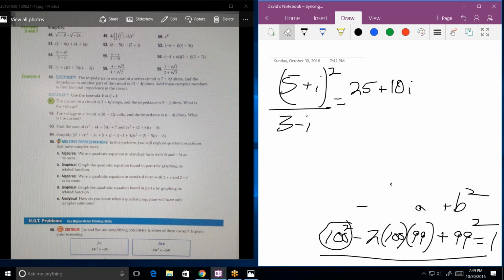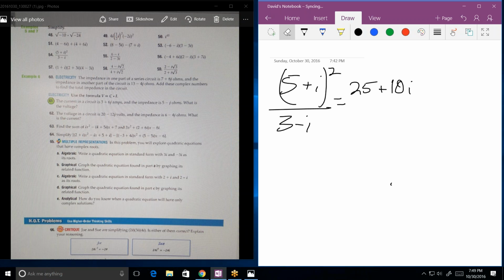All right, so what's the last part of this numerator? We did the first one, square, 25. Remember, you're not foiling it. You're doing it from the memory of what a plus b squared is. So I'm looking for A. A is 5.